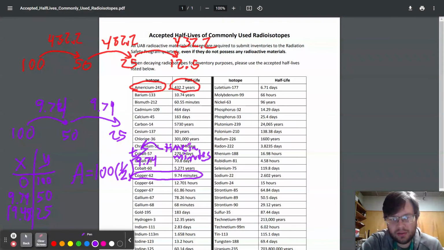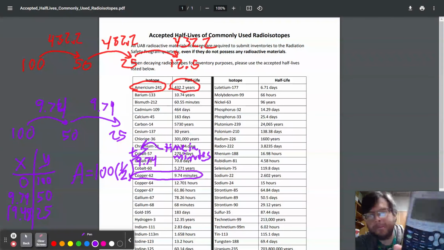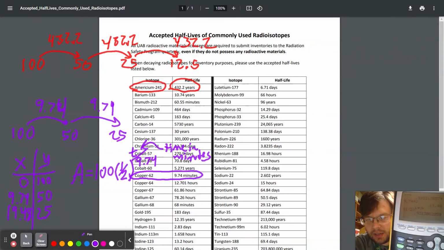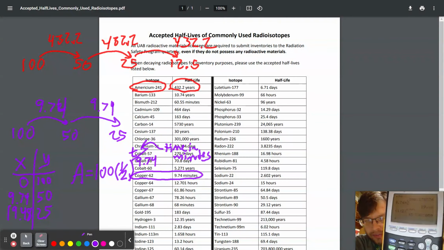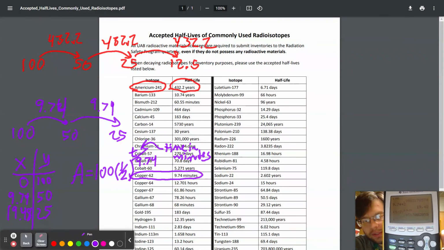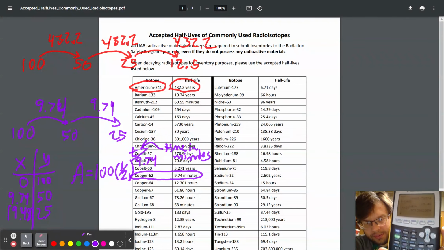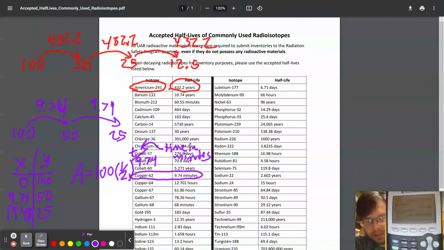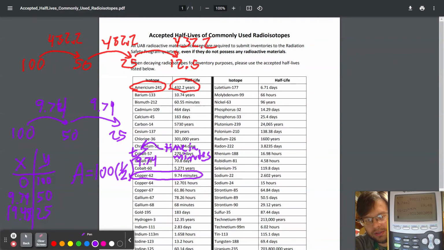So if I wanted to know, for example, how much it decays after 1 minute, I can just take my growth rate of 1 half and raise that to the 1 over 9.74. And this tells me that after 1 minute, that's how much is remaining. 93% is remaining. So it loses about 7% a minute. And after about 9.74 minutes, it's lost half of its original value.